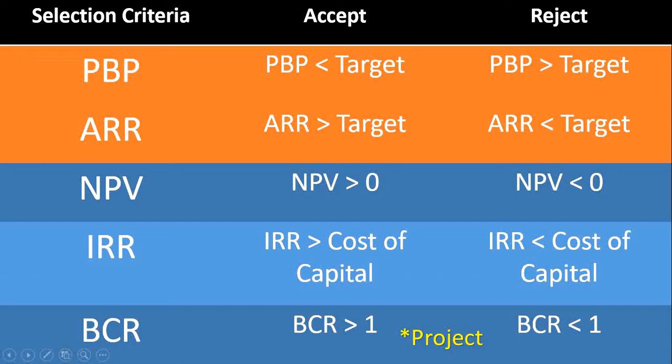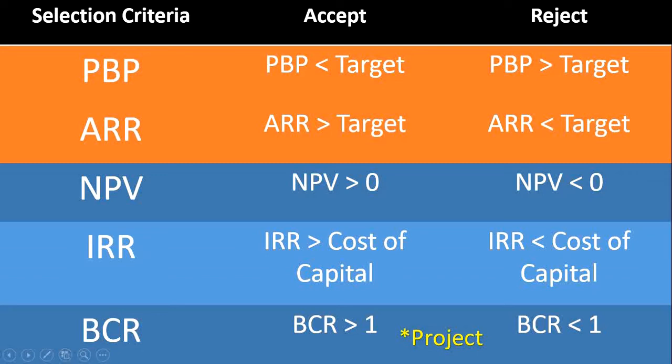But when it is equal to 0, you must go to IRR to find out whether you should accept it or reject it. Another thing is that NPV and BCR are quite similar. Okay, the basic difference is that when we try to find out the NPV, the formula is inflow minus outflow. And when we try to find out the BCR, we get inflow divided by outflow.